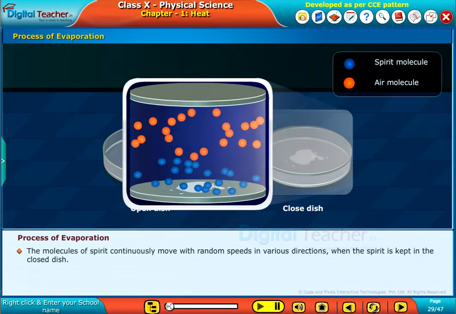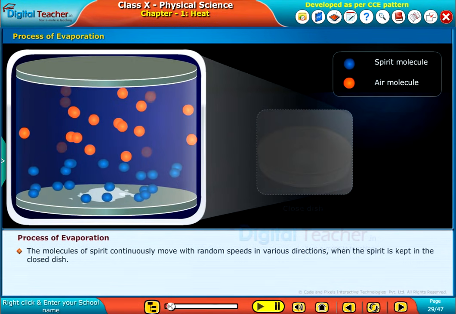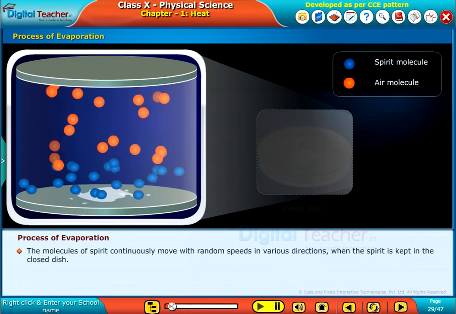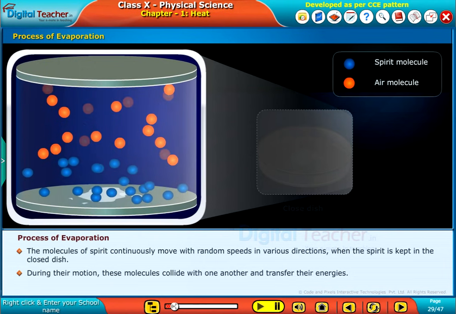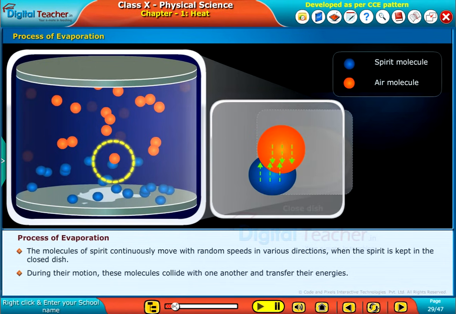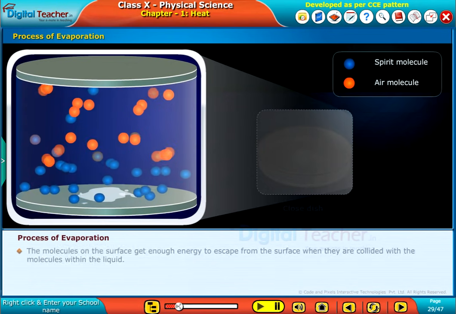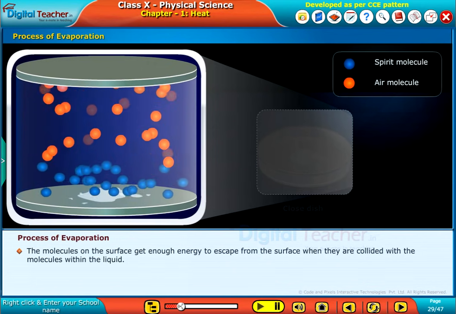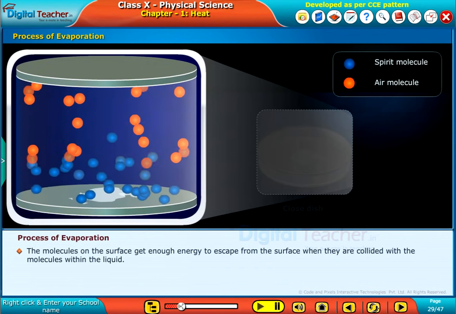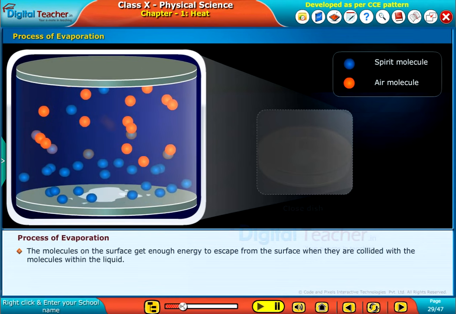The molecules of spirit continuously move with random speed in various directions when the spirit is kept in the closed dish. During their motion, these molecules collide with one another and transfer their energies. The molecules on the surface get enough energy to escape from the surface when they are collided with the molecules within the liquid.